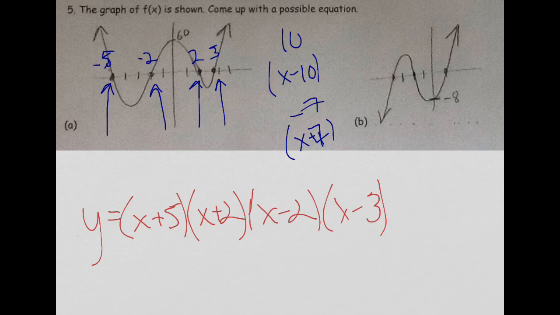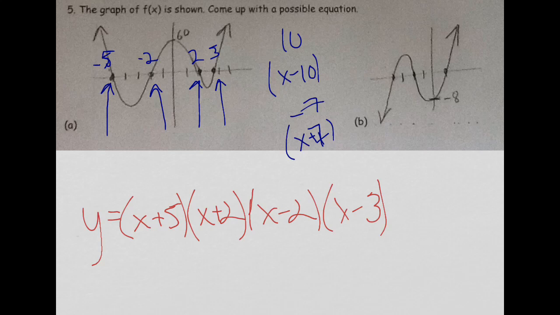Now, this 60 here is something that I'm not super concerned with matching, although I think in this form it does. But the one thing that you do really want to check is that this thing opens in the correct direction.